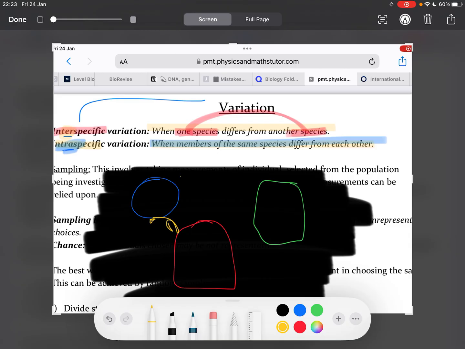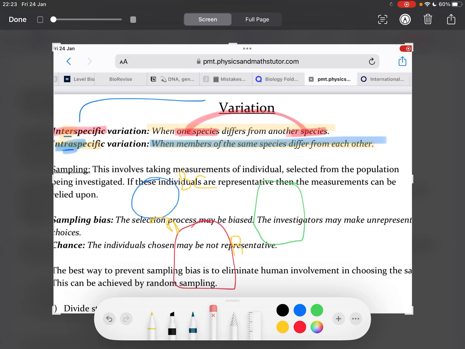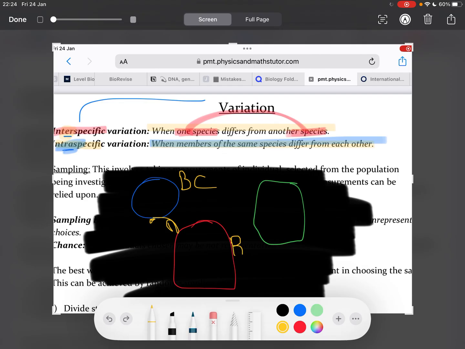This is blue and circled, and this one is red and a rectangle, and this one is green and a triangle.